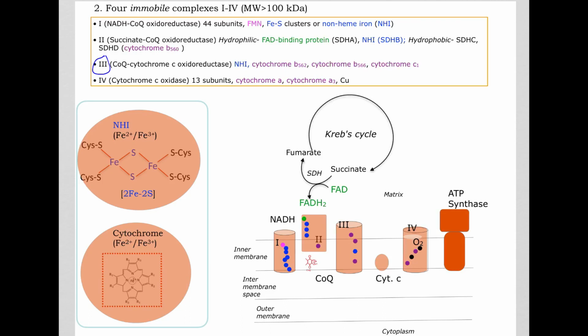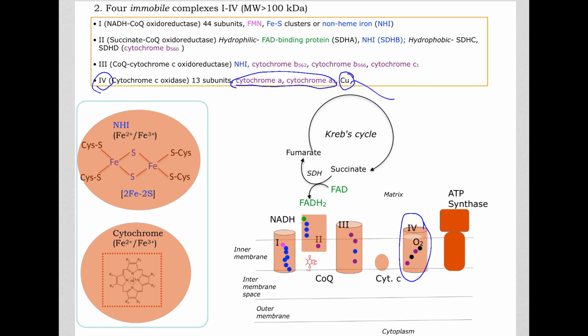Complex number 3 has non-heme iron or your iron-sulfur clusters and a variety of different types of cytochromes. And finally, complex 4 has cytochromes and copper atoms.